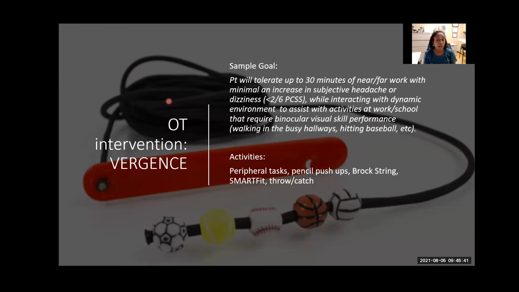I think throwing catch activities, like throwing the ball to the person, having them catch it with one hand or pass the other one, or catch with both hands, or even doing that monocularly and binocularly, is another great way of being able to integrate that central peripheral integration before pushing into more of these centrally focused tasks. There are ways you can do this also with the SMARTfit, and we'll talk about that in just a moment.